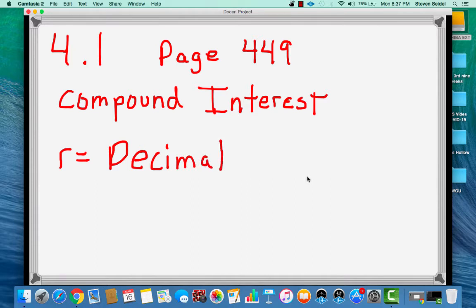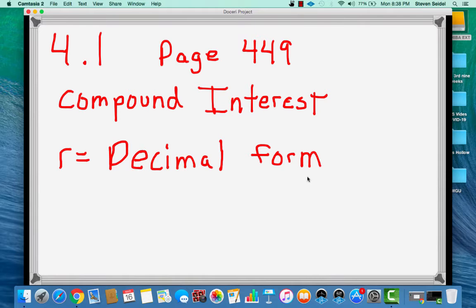If you see a percent sign in that rate, which you will, write it in decimal form. Table 4.3 at the bottom shows you how that formula was developed.